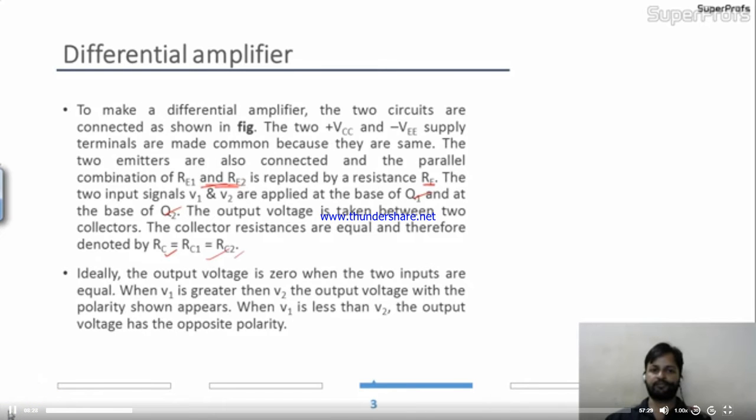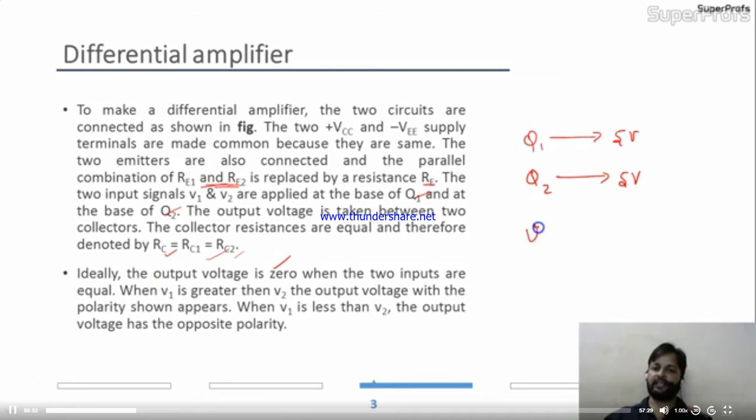So ideally the output voltage is 0 when the two inputs are equal. Yes, it will be, because see, inputs are the same, circuit parameters are the same. So definitely the output at both will be the same. Suppose at Q1 you are getting 5 volt as the output, and at Q2 you are getting 5 volt as the output.